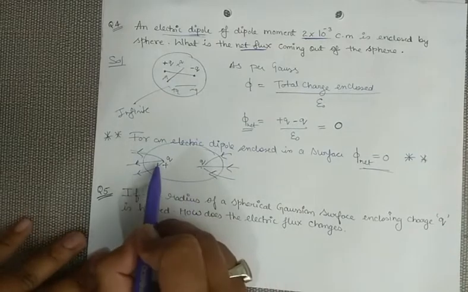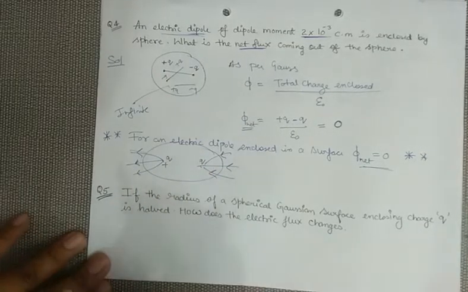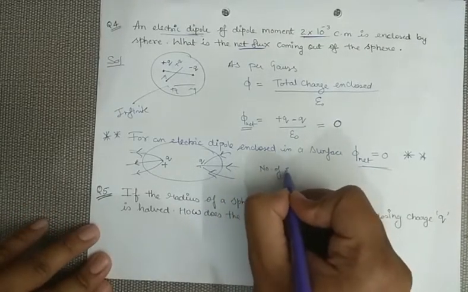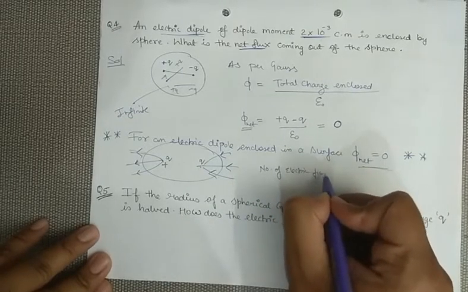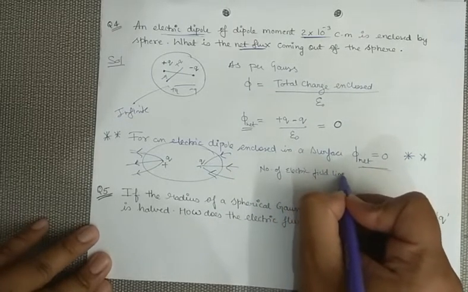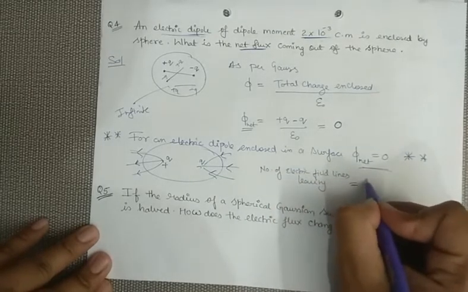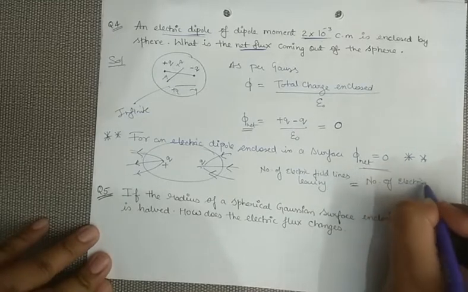So the number of lines leaving the surface is equal to the number of lines entering the surface. I am talking about the number of electric field lines.